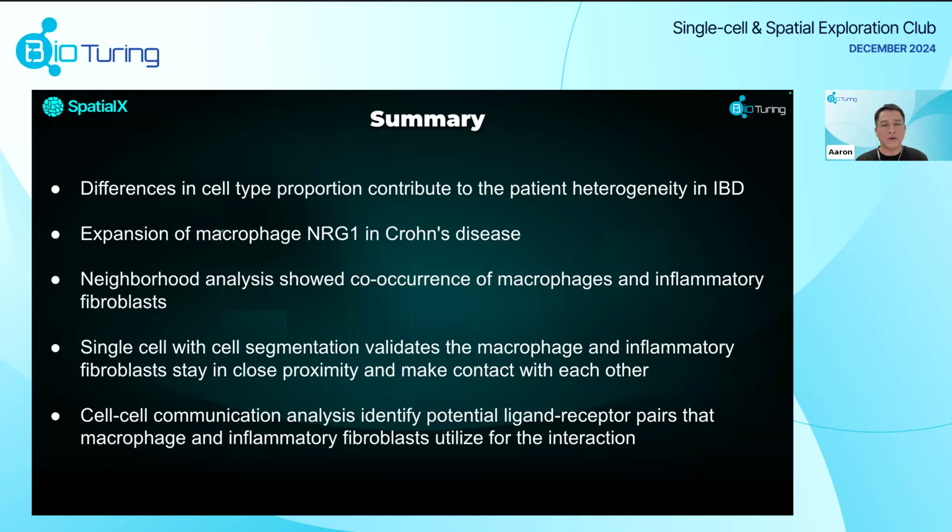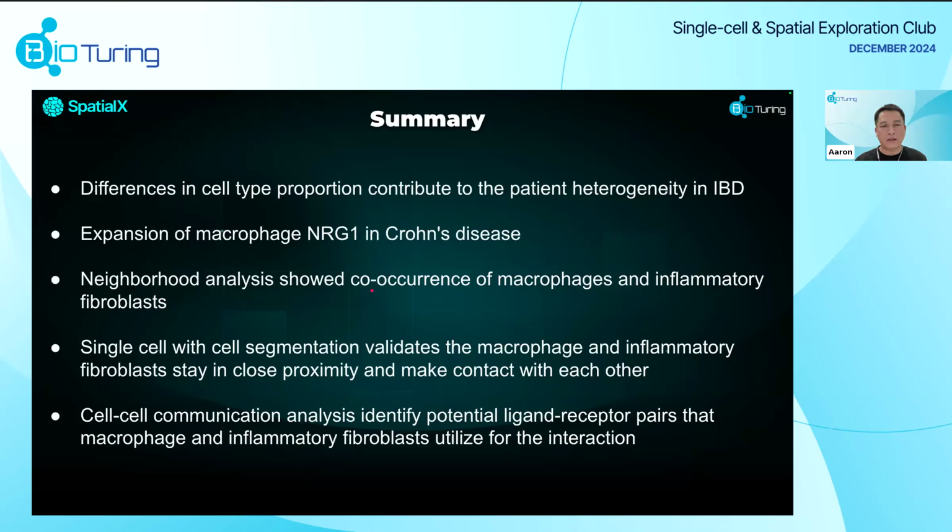The one that I just showed you is macrophage NGO1, and the expansion of macrophage NGO1 in Crohn disease may contribute to the characteristics of the disease, and could be further analyzed to understand more about the disease. The neighborhood analysis can show the co-occurrence of the macrophage and the inflammatory fibroblast.